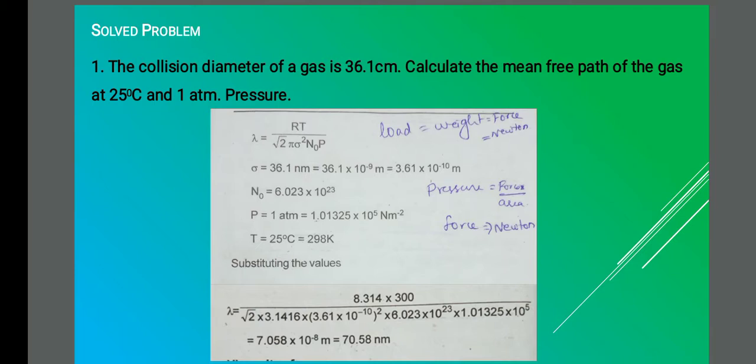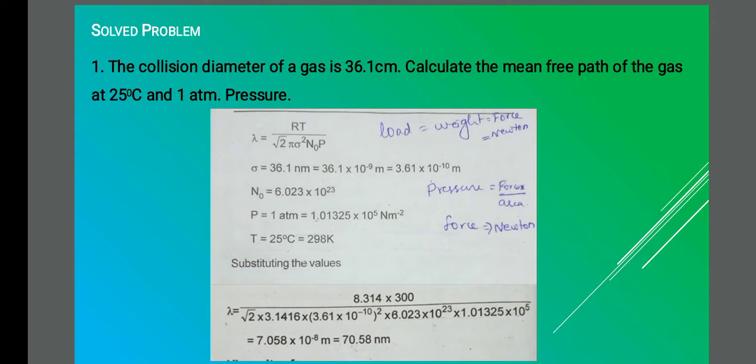So only three things are given: collision diameter, temperature, and pressure. To calculate the mean free path, first put the formula: lambda is equal to RT divided by square root of 2 pi sigma square N0 P. The sigma value is given here.